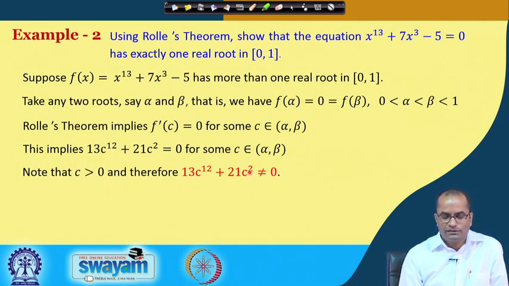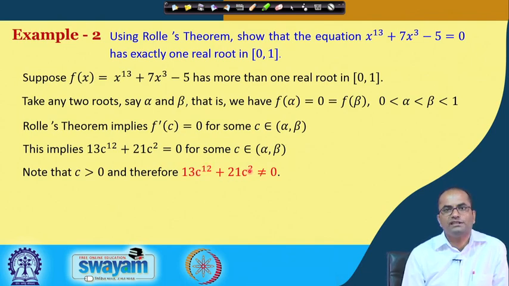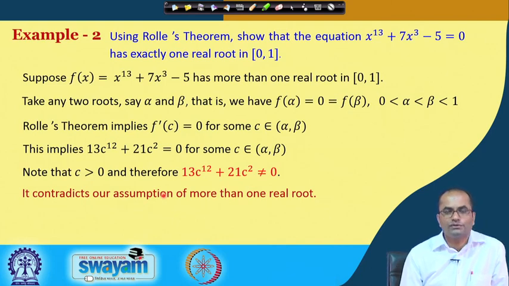Then 13c^12 + 21c^2 cannot be 0, because c^12 has an even power, and also c^2, and c is positive. So, both are positive quantities and the sum cannot be equal to 0, but Rolle's theorem says that it will be equal to 0. That means our assumption, that the function has more than one real root, is wrong. So, it contradicts our assumption.